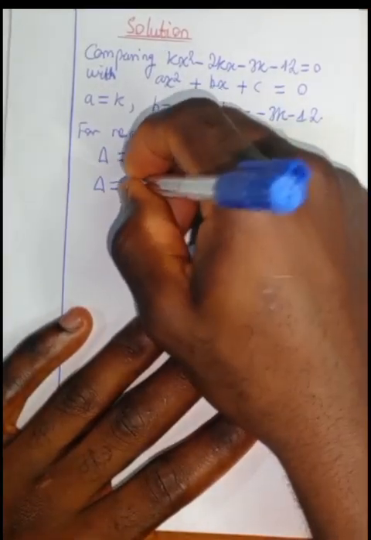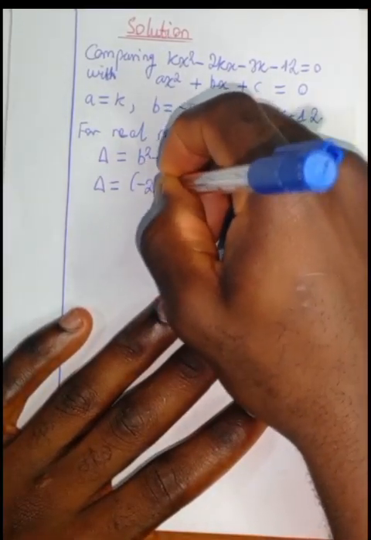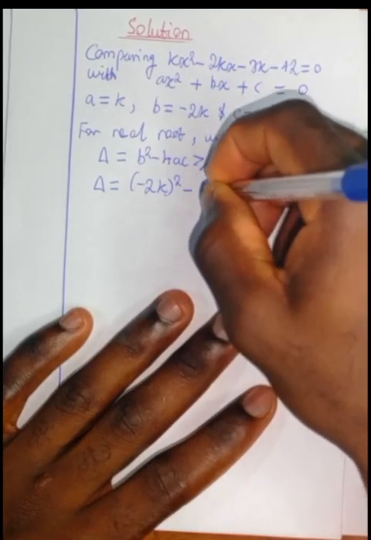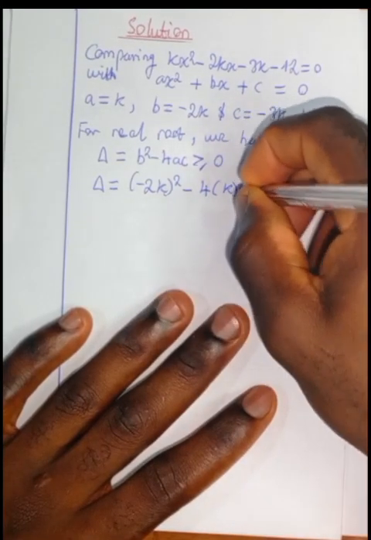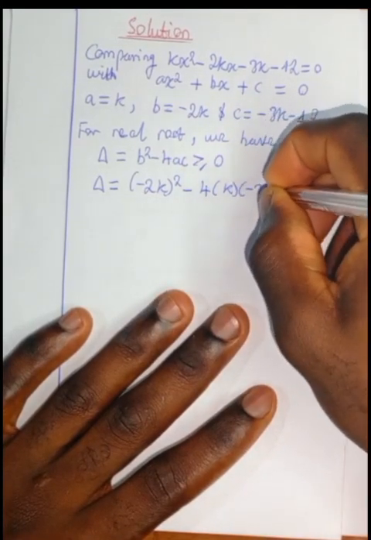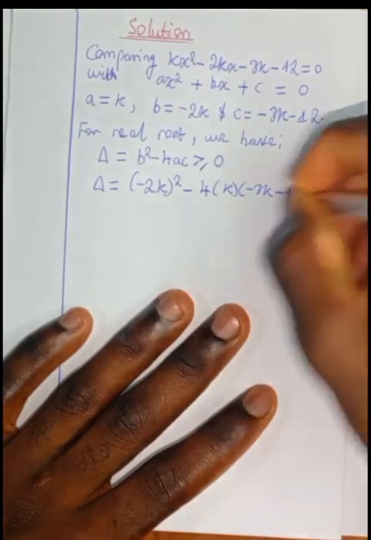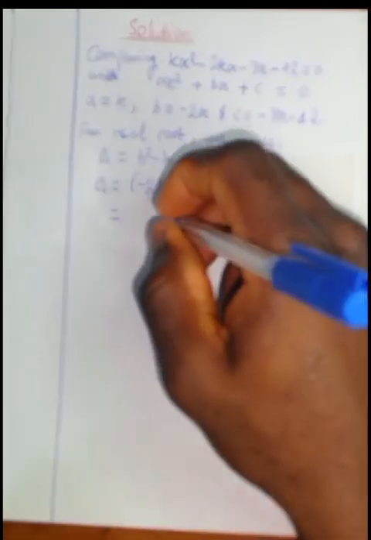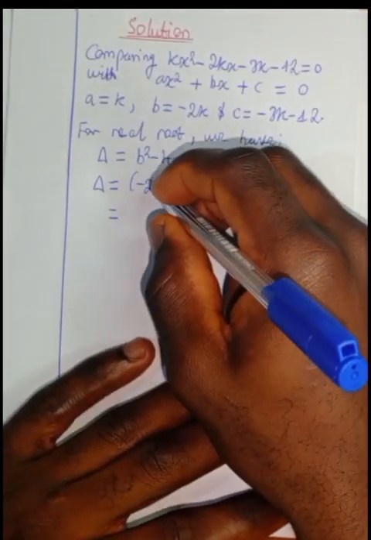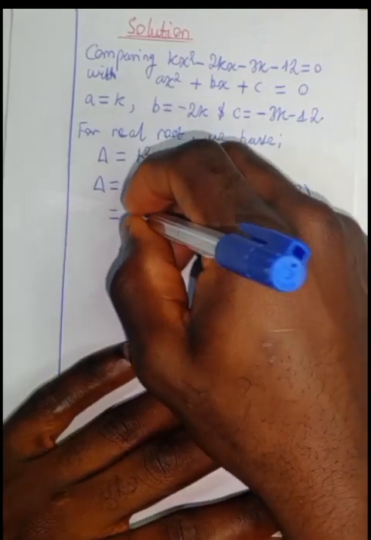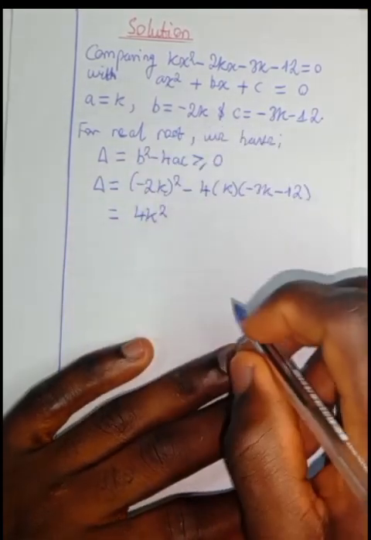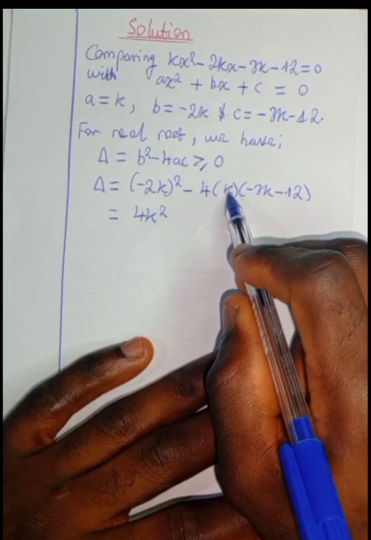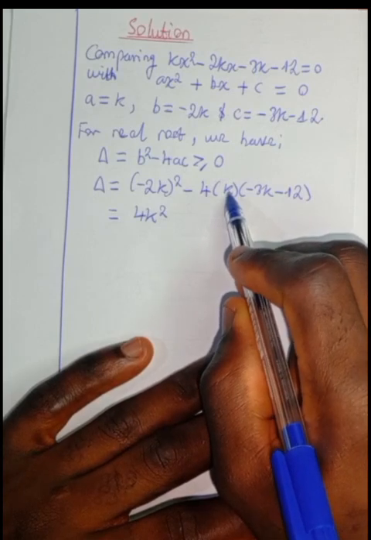This will give us negative 2k all squared minus 4 times a, which is k, times c, which is negative 3k minus 12. Negative 2k all squared gives us 4k squared. Negative 4 times k gives us negative 4k.